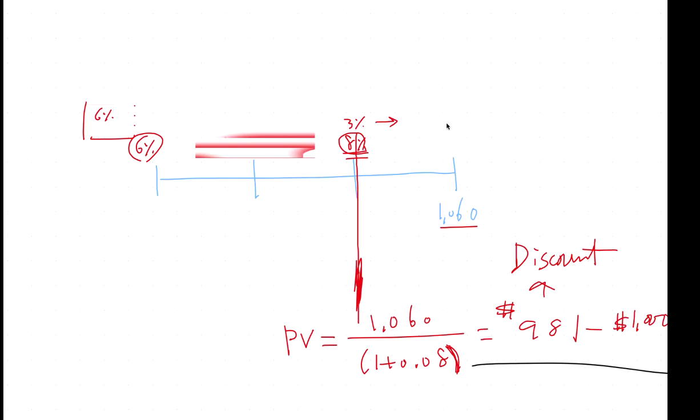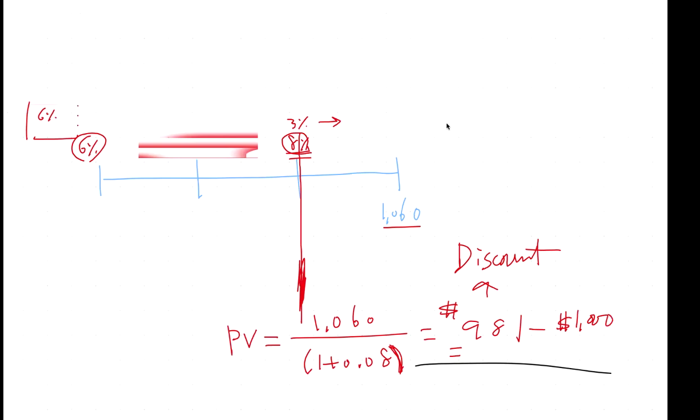So in this case, Daniel, Simon's capital loss is how much? Negative 18? This is $981, minus 1,000, negative 19.